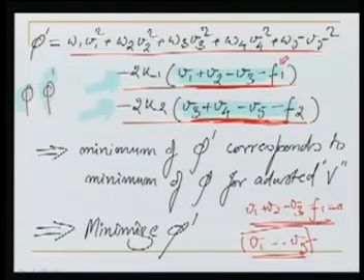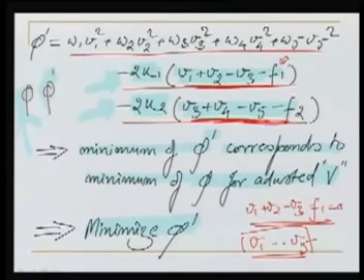So the minimum of phi dash corresponds to the minimum of phi for the adjusted residuals. Instead of minimizing phi, we will minimize phi dash. Why are we writing 2k1 and 2k2? These are the Lagrange multipliers, and the factor 2 helps later in the solution. We could have written lambda 1, lambda 2 also.